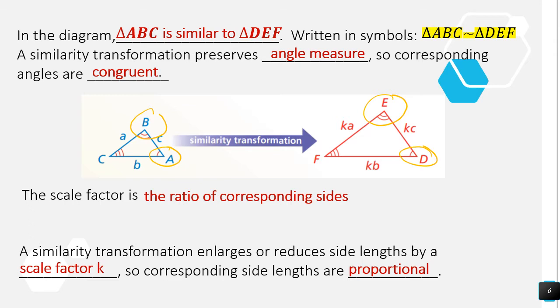So if you look at the pictures above, here we have B, and here we multiplied B by k. Here we have A, here we multiplied A by k. So going from the figure on the left to the figure on the right, we have an enlargement because if k is bigger than 1, it's an enlargement. And if k is between 0 and 1, it's going to be a reduction.